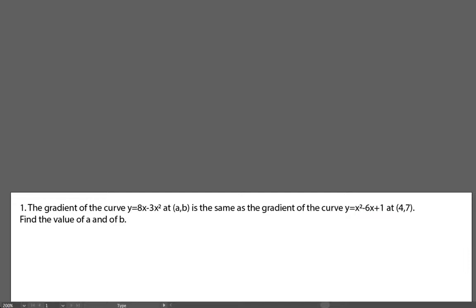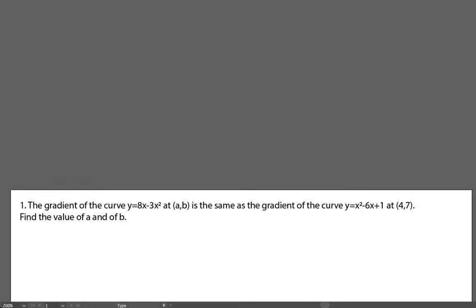So first, we know that the gradient of the curve y equals 8x minus 3x squared at a point (a, b) means that the point (a, b) is actually on the curve y equals 8x minus 3x squared. So when you put x equals a, the result must equal b. Let's write this down first.